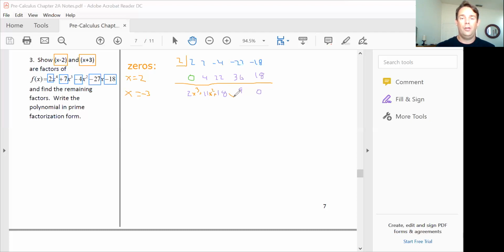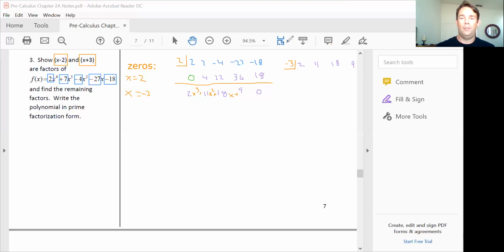So friends, I'm not going to be starting over with the same one. I'm going to take the result I just got there. That's going to be what I'm going to divide negative 3 into. So we got 2, we have 11, we have 18, we have 9.